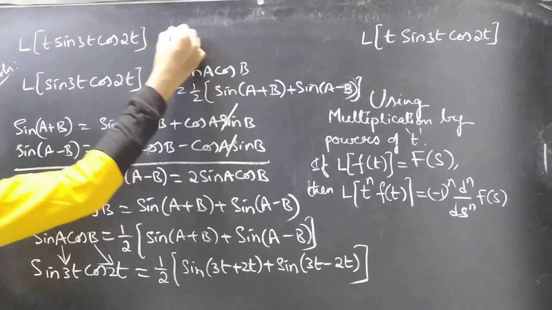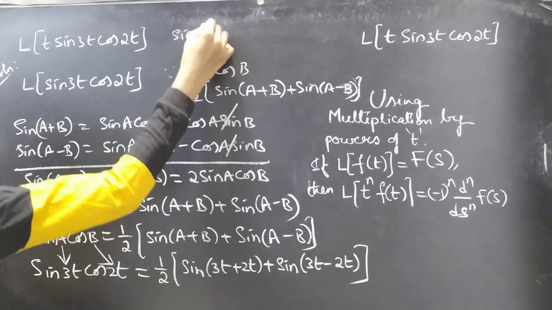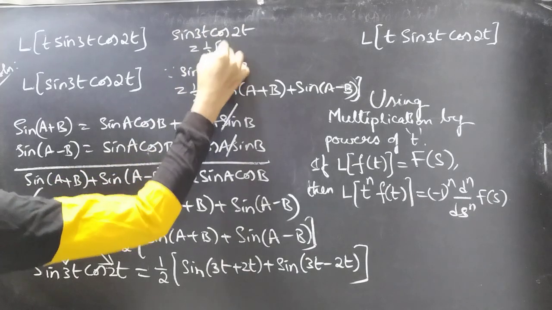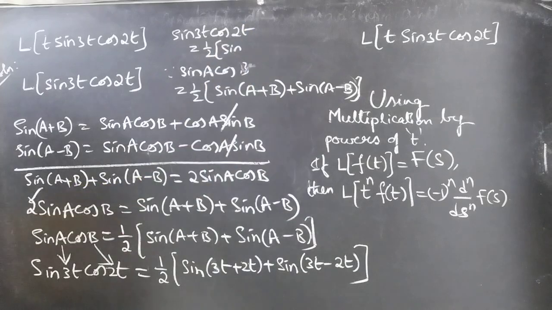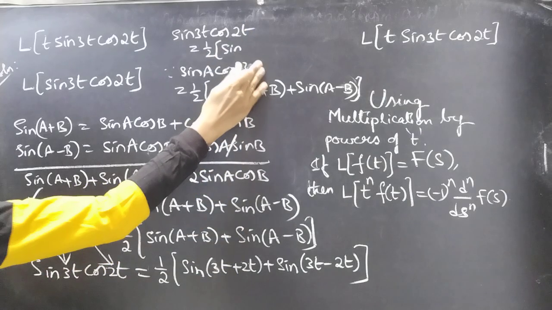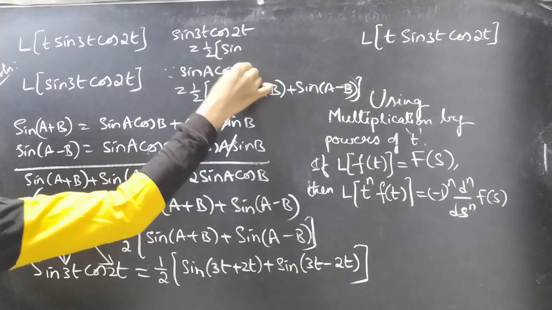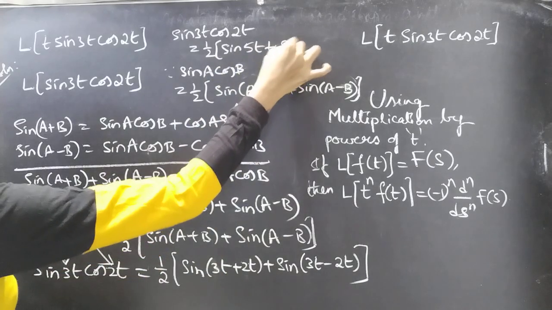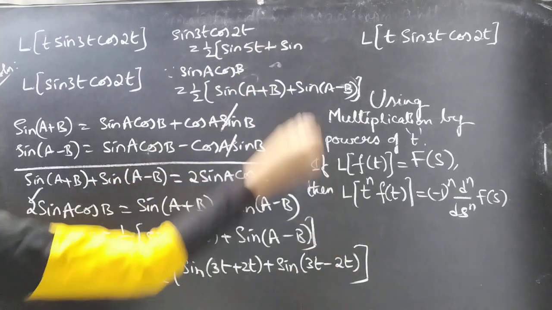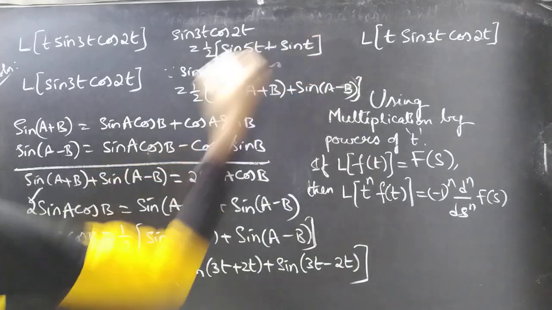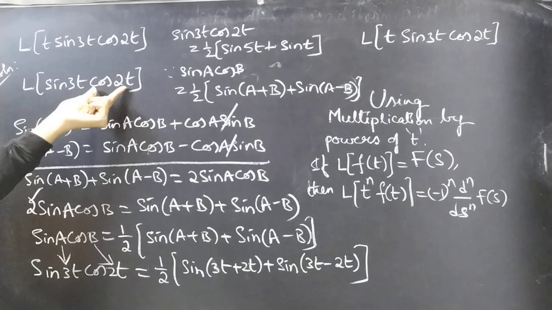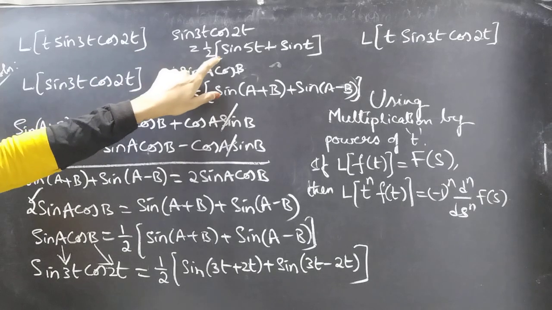Right? Which gives us sin 3t into cos 2t equal to 1 by 2 into sin 5t plus sin t, since 3t plus 2t is 5t and 3t minus 2t is t. Now just replace sin 3t into cos 2t by the result obtained.